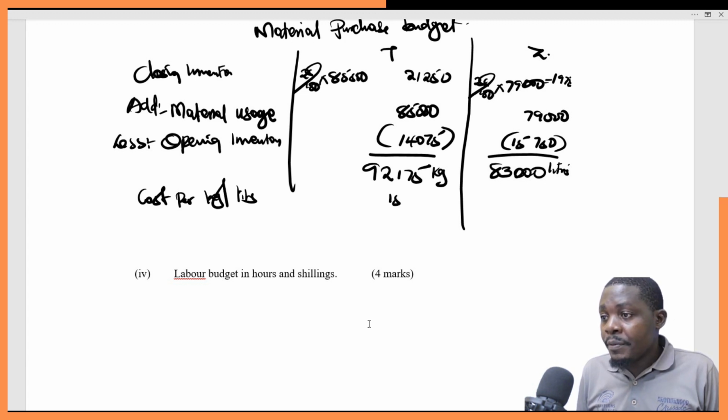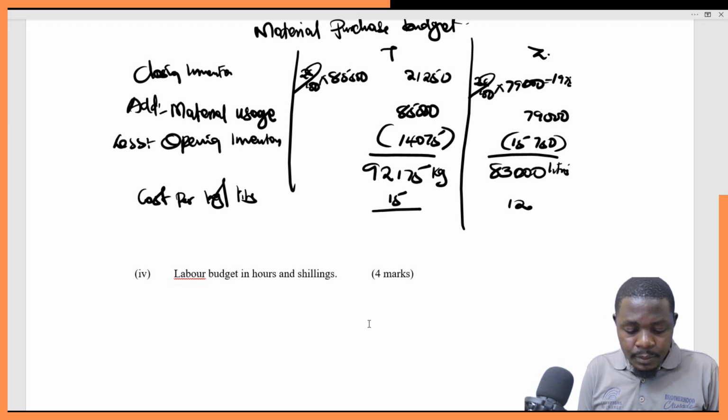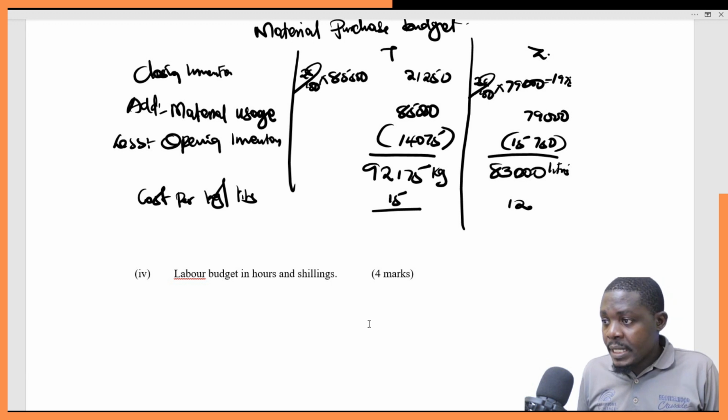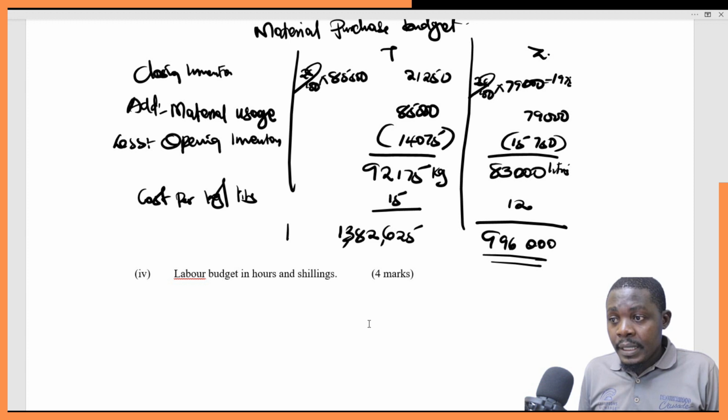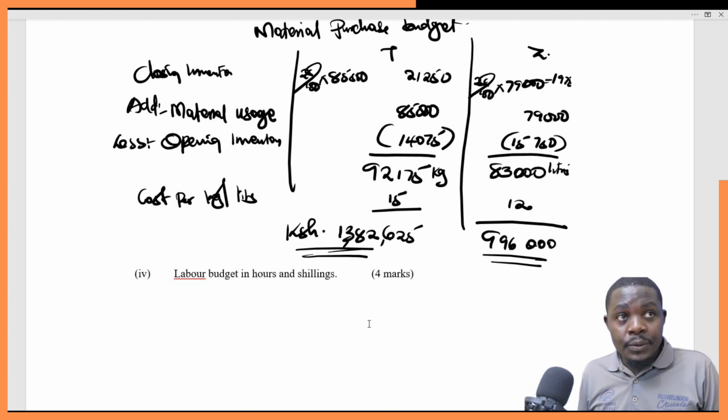Here we multiply by 15, then here we multiply by 12. We get 996,000. Then we have 92,175 multiplied by 15. You get the cost is 1,382,625. That is Kenyan shillings. That is the cost.